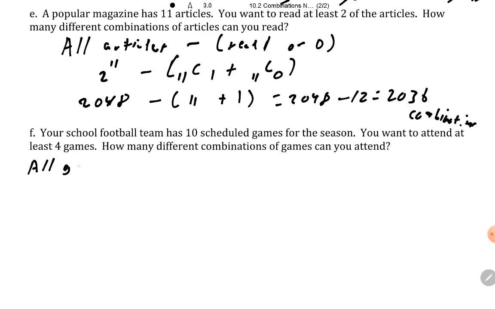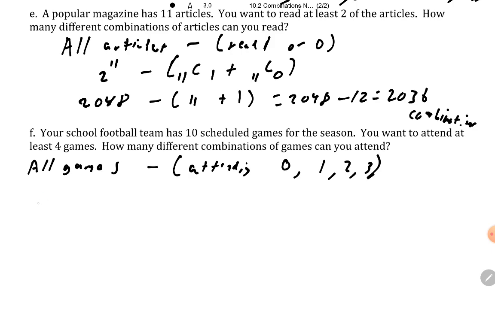So the number of combinations for choosing all games minus attending 0, then 1, then 2, then 3 games. So we have 2 choices for attending a game. We'll either do it or we don't.